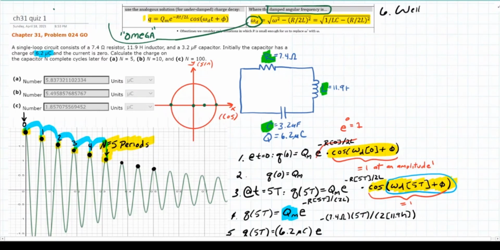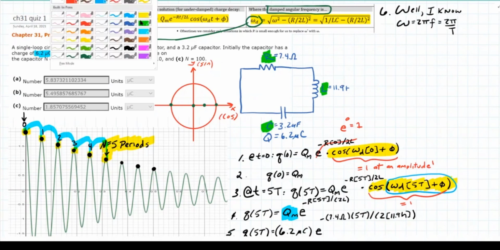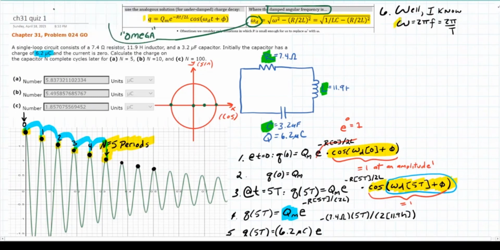Well, I know in general, omega always equals 2 pi f equals 2 pi over T. This expression came from birth of a radian. I don't know if we've used it thus far, but I think we might have referenced it a bit in this course. You should have utilized this a ton in your prior physics course. But again, this is brought to you by birth of a radian.